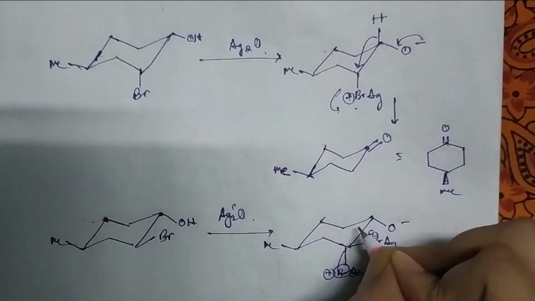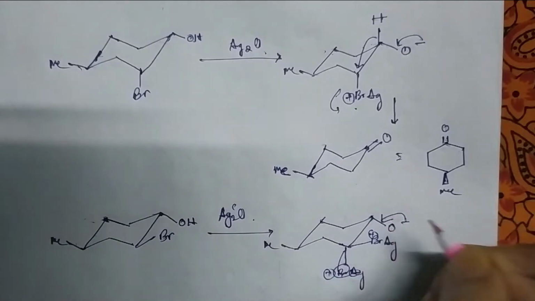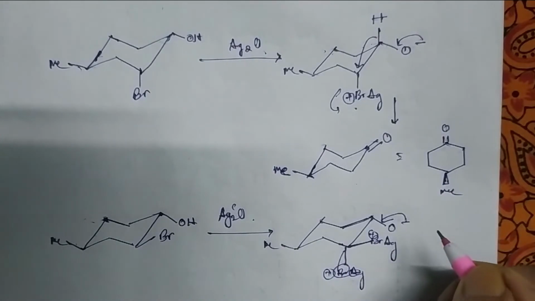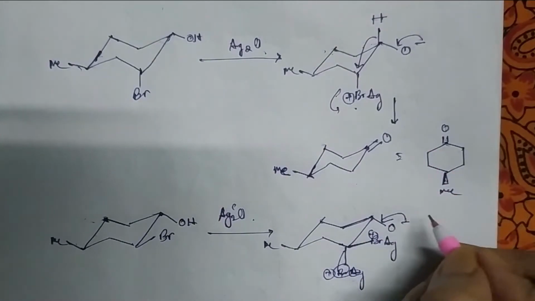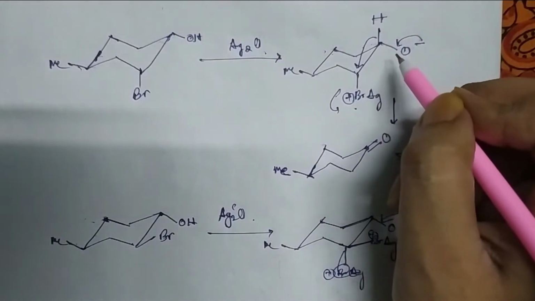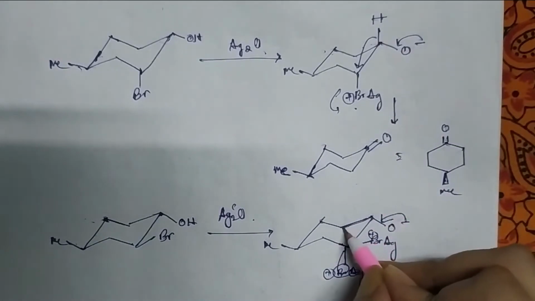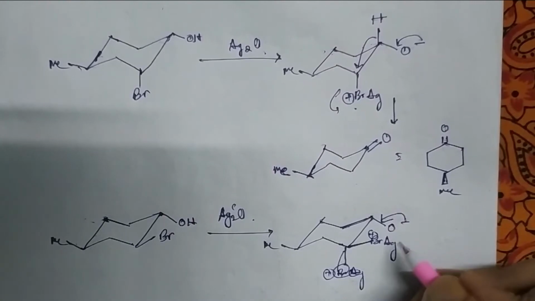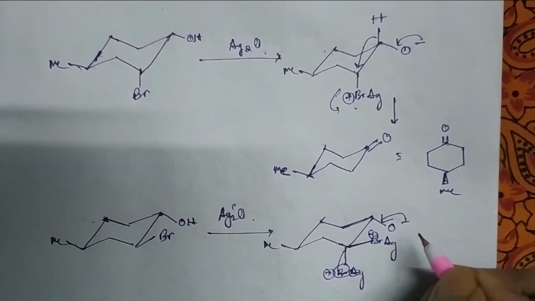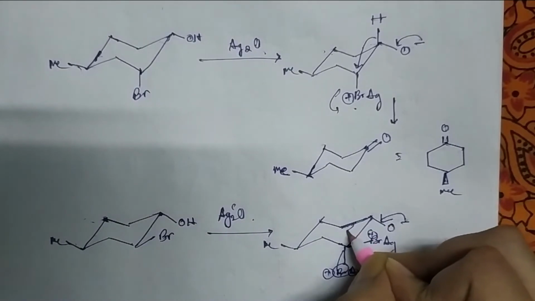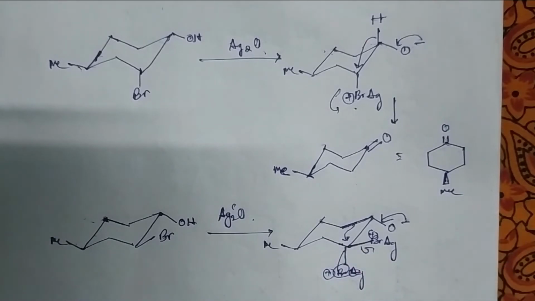If this O minus pushes back, this bond is perfectly oriented for the reaction, because you know that the orbitals have to be perfectly oriented for carrying out the reaction. Here there was an axial hydrogen which is anti to this bond. Now this sigma bond is a C-C sigma bond, there was a C-H sigma bond. So this sigma bond is perfectly anti-oriented to this carbon-bromine bond. So this pushes back, this sigma bond comes here, this leaves. So what do we get?